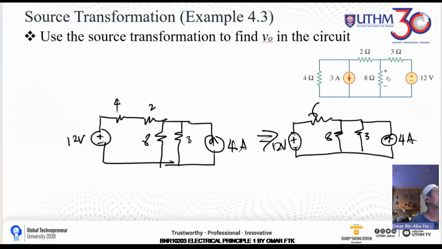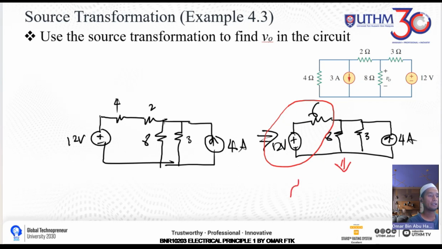So from this actually we can do a transformation again into the current source. Let's try to do the transformation again for the current source. If we draw again, it will be like this.